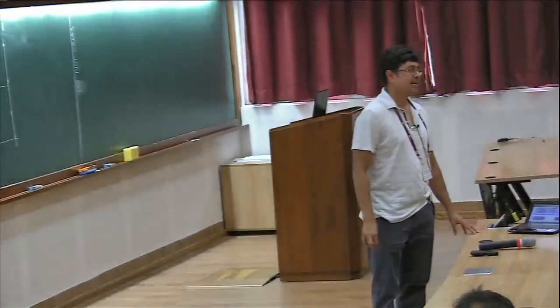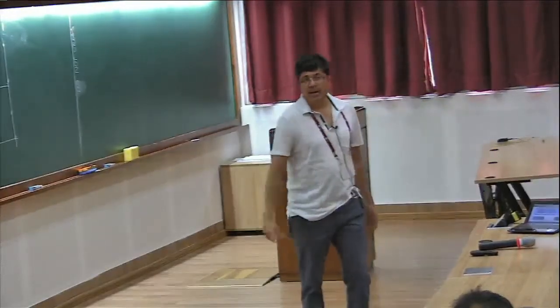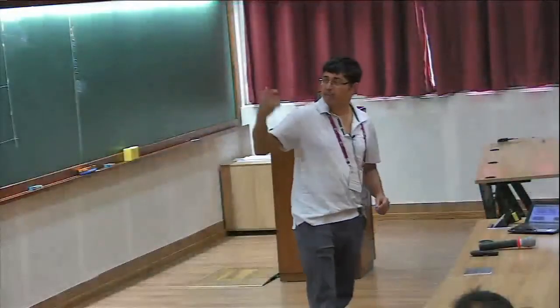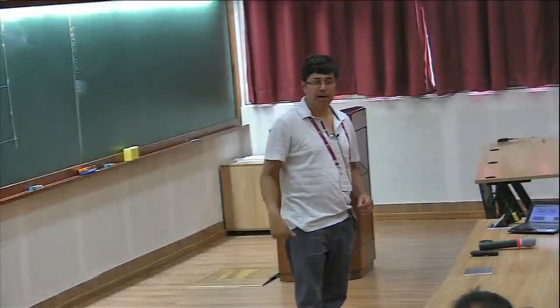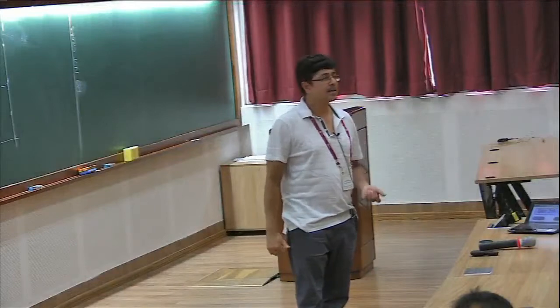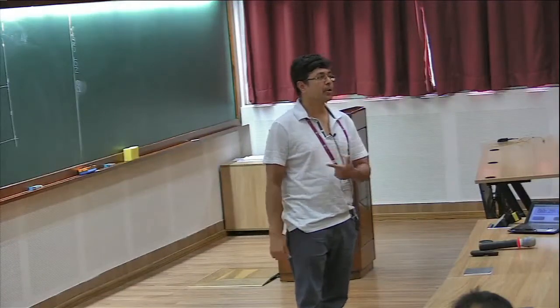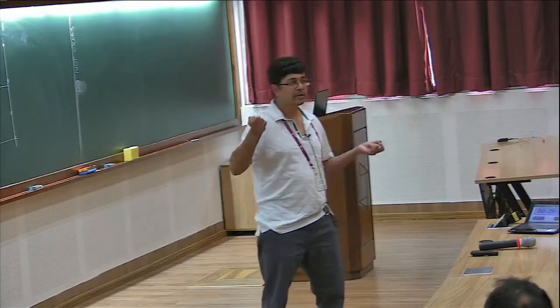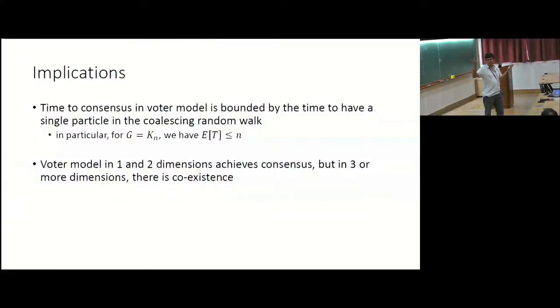The second implication we get from this coalescing random walk construction is that you have consensus in 1 and 2 dimensions and coexistence in 3 or more. That's because if you take 2 sites in your infinite lattice and look at the particles that started from those sites, they are performing independent random walks.